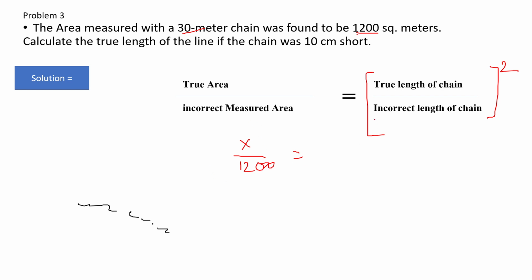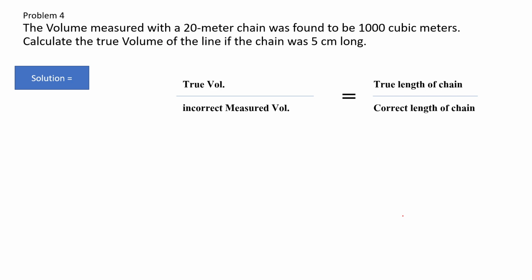For area the power will be 2, and the chain was 10 centimeters short. So 10 centimeters short means 29.9 divided by 30. When we solve for x, we will get the correct area. Okay, you should solve it.